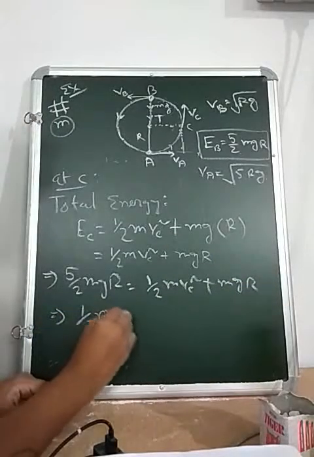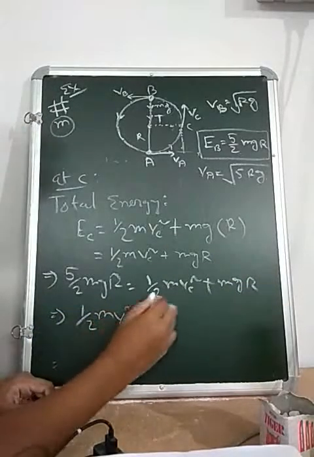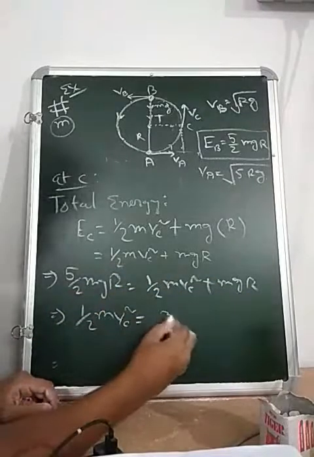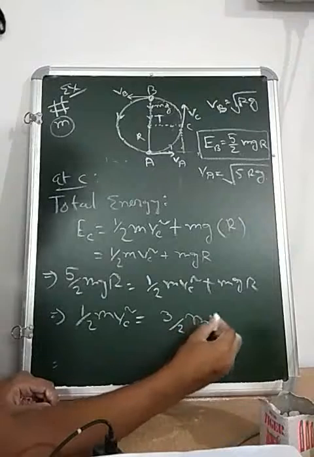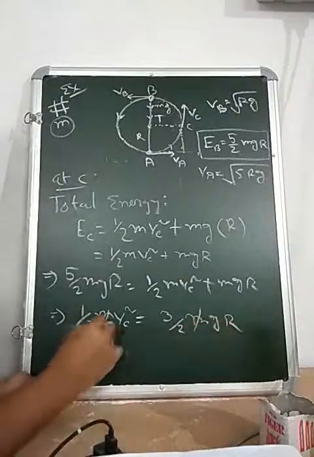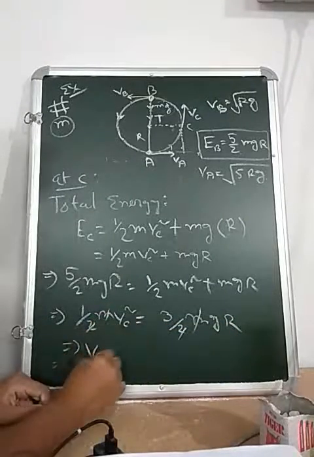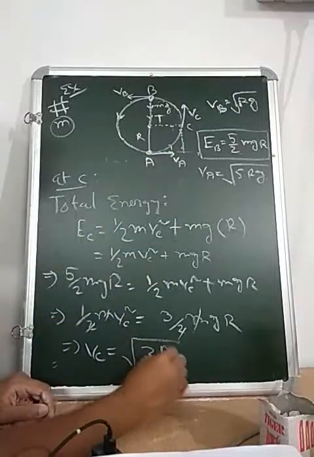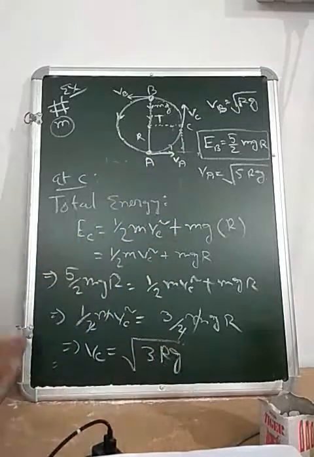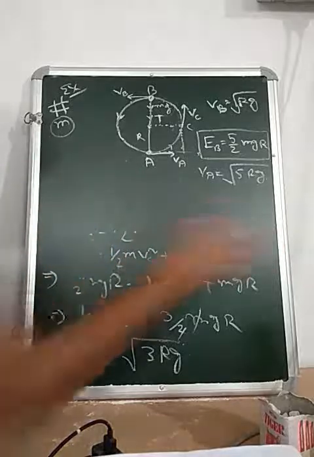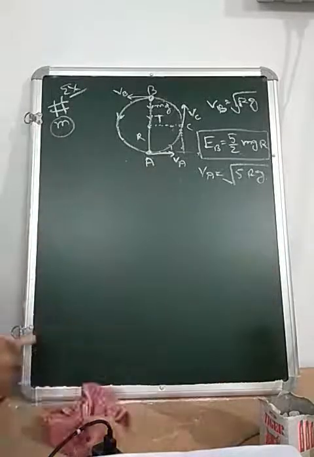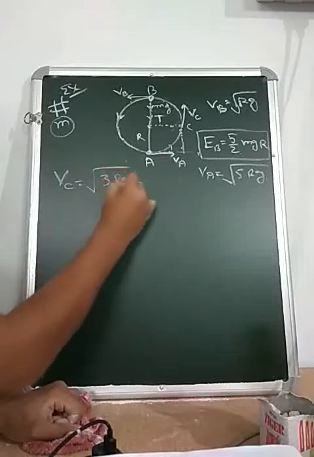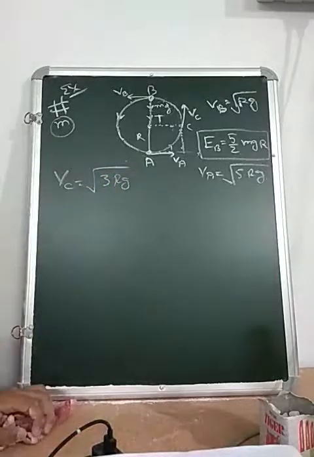Half m Vc square is equal to, taking this to this side, 3/2 mgr. m gets cancelled, half gets cancelled. So what is the velocity at point C? Root over 3rg. So Vc is root over 3rg.